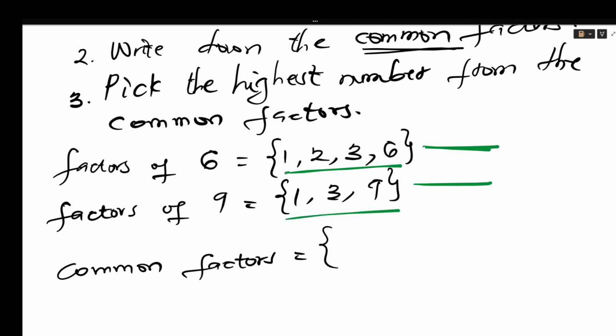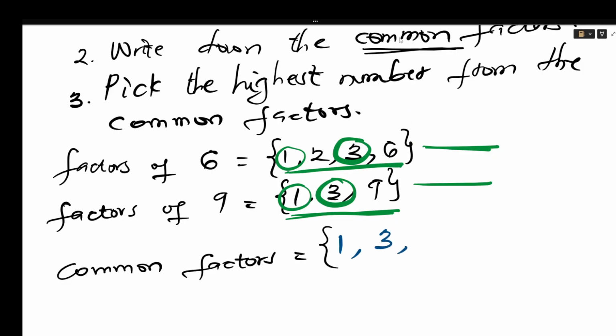We see 1 and 1, so I can put 1 as part of my common factors. We see 2 here, but 2 can't be found here, so that is not common. We see 3 here, and 3 can also be found here, so I can list 3 as part of my common factors.